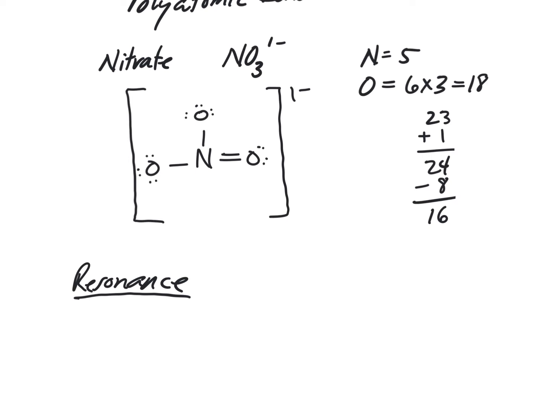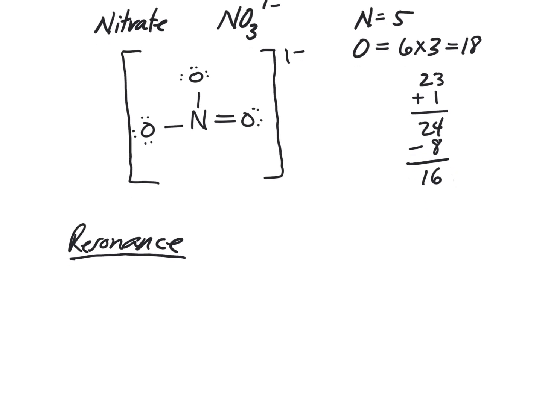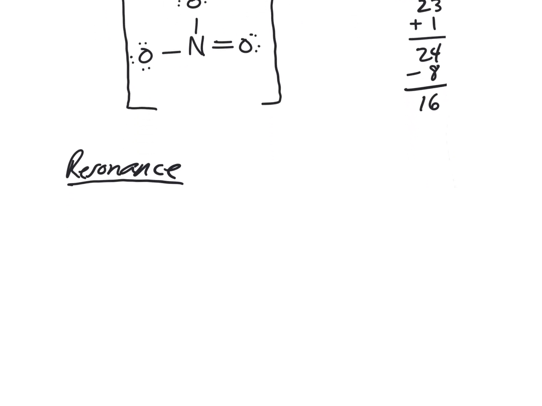So here we go. Let's just do this. All right. So I'll start with my nitrate. Actually, I'll stop it and I'll just write everything out and I'll show you.